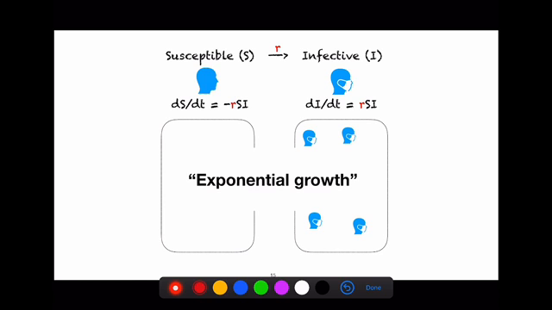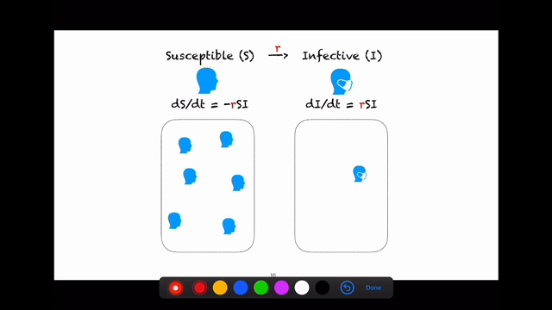So we do not increase the number of the infective population at a constant rate, but it actually changes over time. It increases each time, which is the reason why the whole population will rapidly become infected.